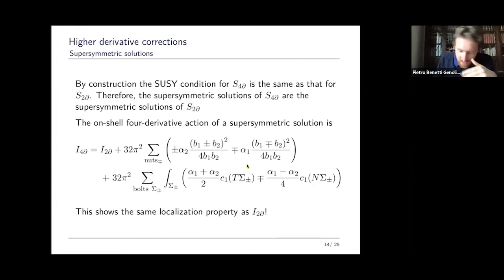And then a priori, there is a 6th derivative correction that starts with g, that is multiplied by g, and so on, okay? And this shows the same localization properties, where by localization properties, I mean that it looks like the result of a localization theorem in geometry.